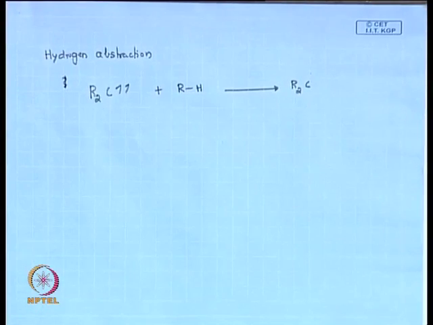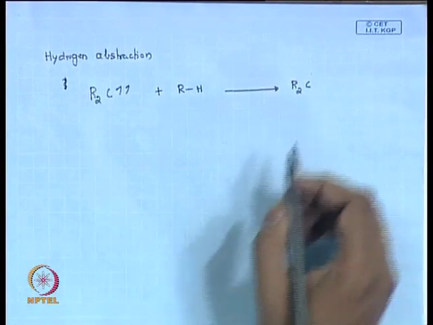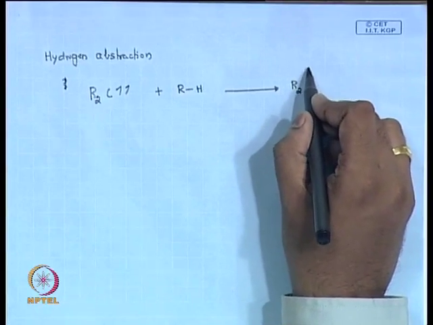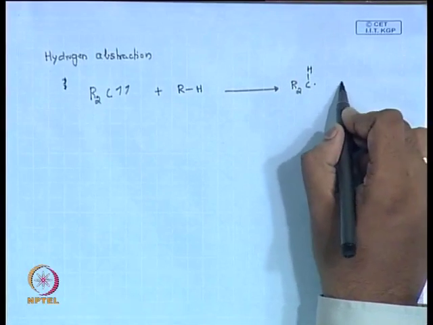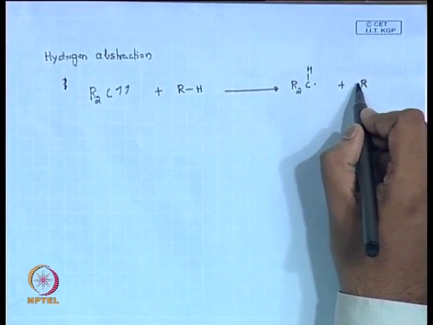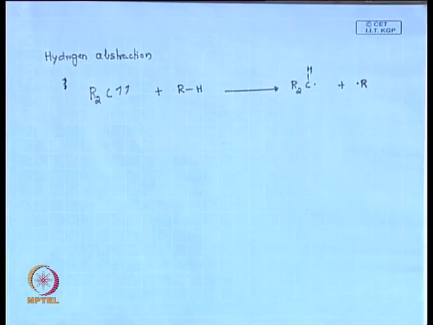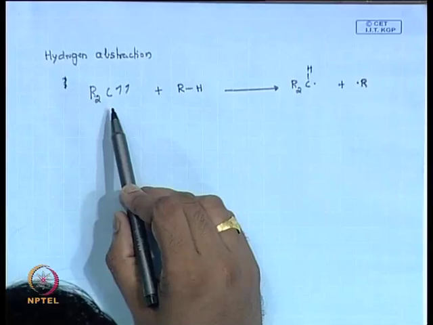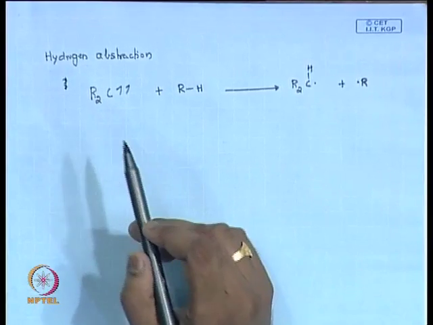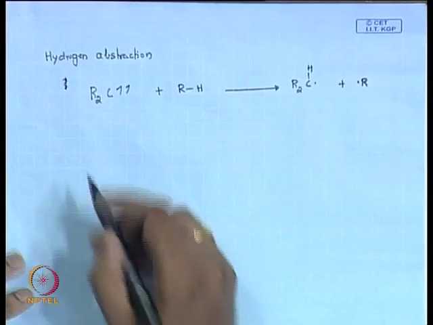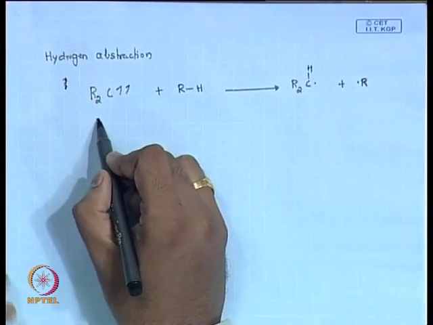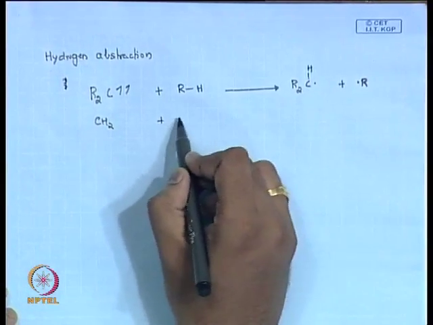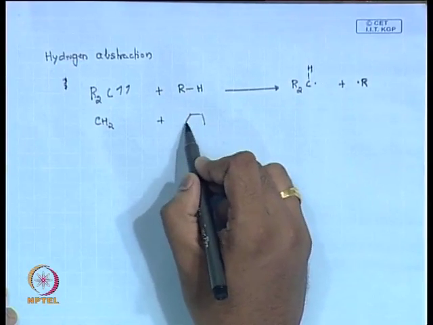Can get this to C, you can get an H here and with a dot here, plus you can end up with R dot. This is just an idea. See, this reaction is a little bit important in one sense, like you should know. See, if I have taken for example, same like CS2 in toluene.